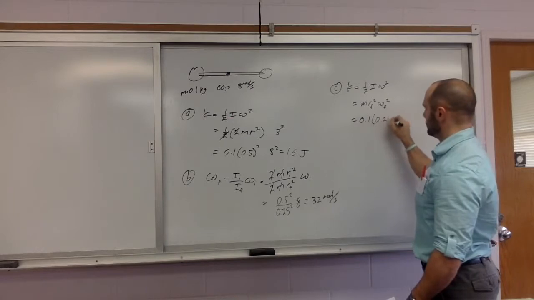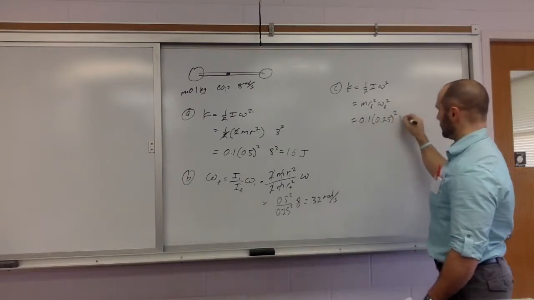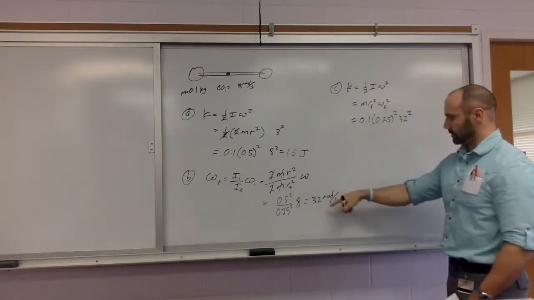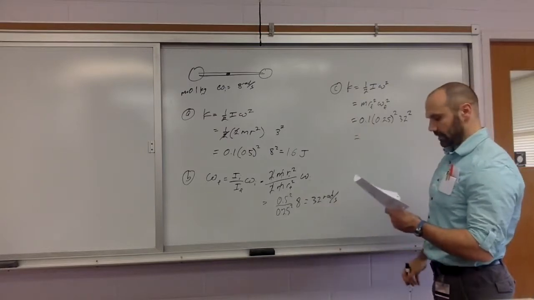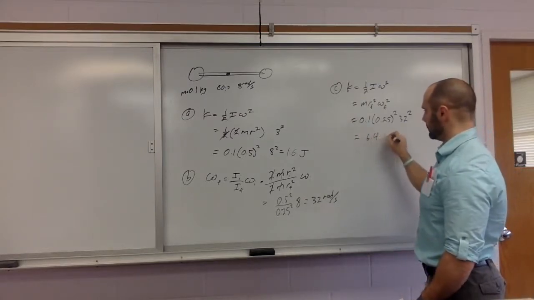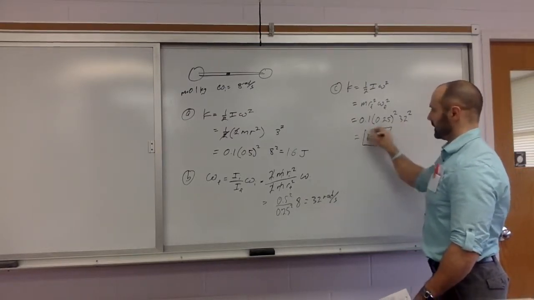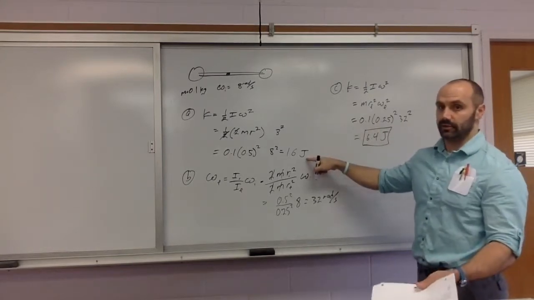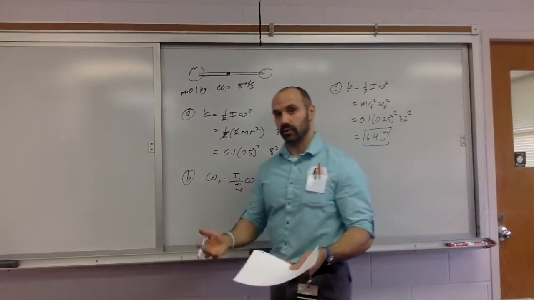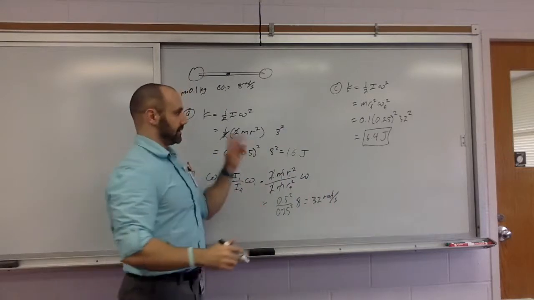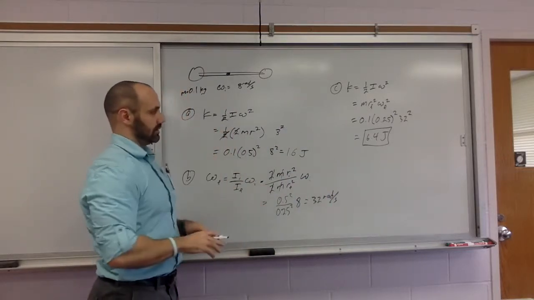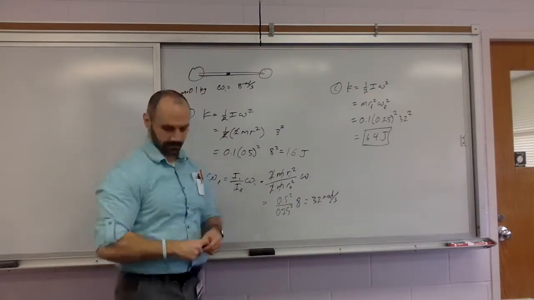R now is 0.25. Square that. And then 32 is the new angular speed. And so K ends up being 6.4 joules. Again, notice the kinetic energy is more. Why? Because there's been work done. An internal mechanism has done work and pulled those things in.